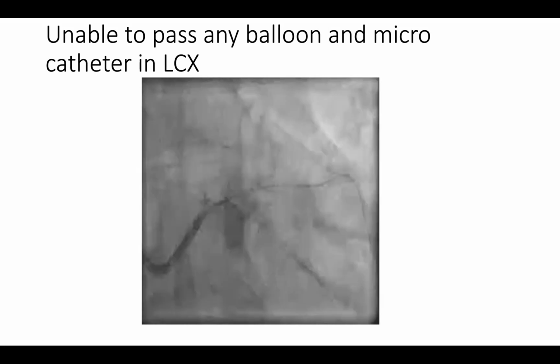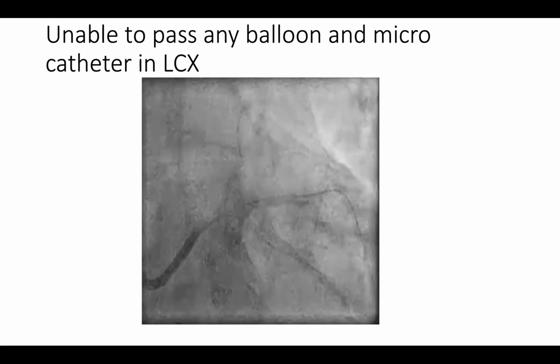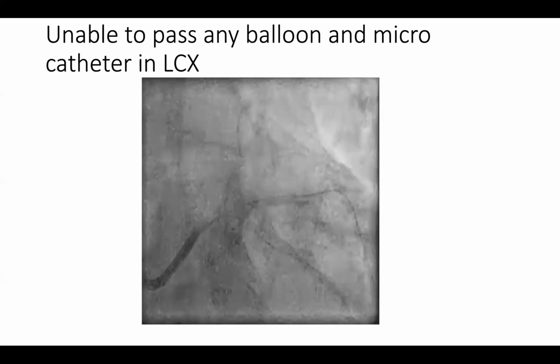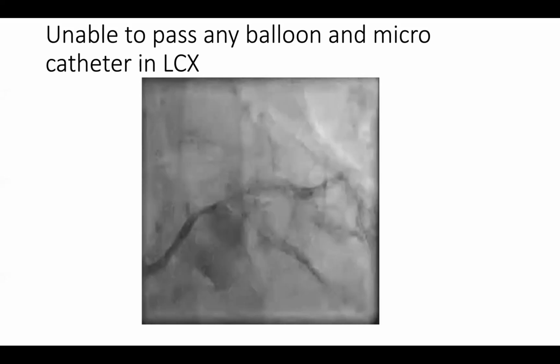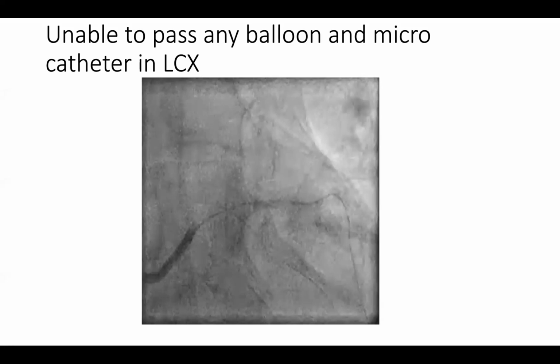I think what can be done, what I've done sometimes, embedding the microcatheter, such as Turnpike Spiral or Turnpike Gold, deep into the LAD and then pushing the rota wire. It sometimes goes.